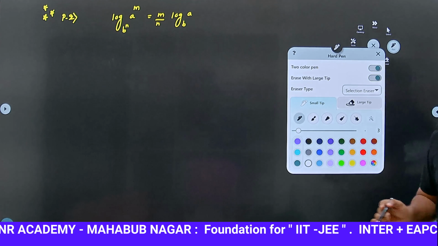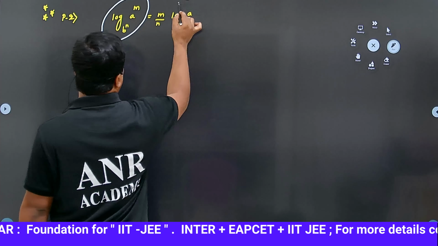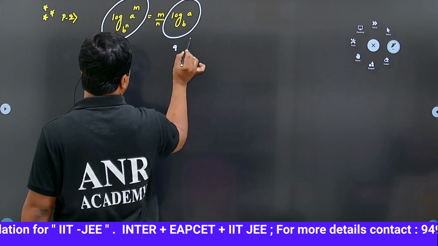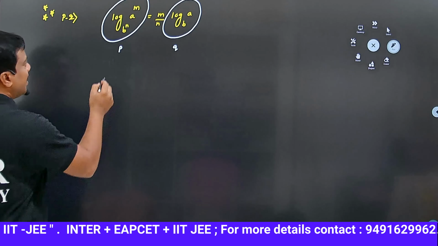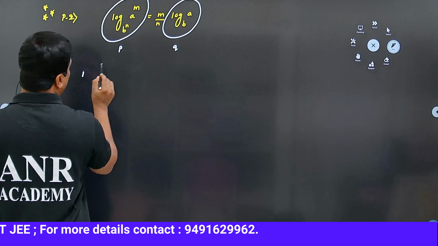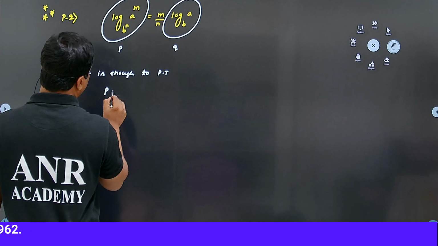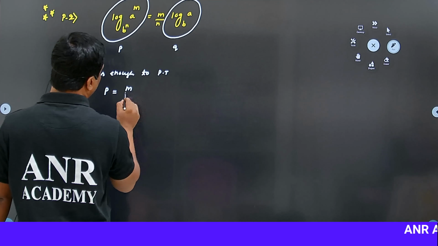Suppose I select this part as some p and another part here on the right, that is q. If you select log a power m base b power n as p and log a base b as q, then it is enough to prove that p equal to m by n into q. Here it is enough to prove that left hand side p equals right hand side m by n times q.